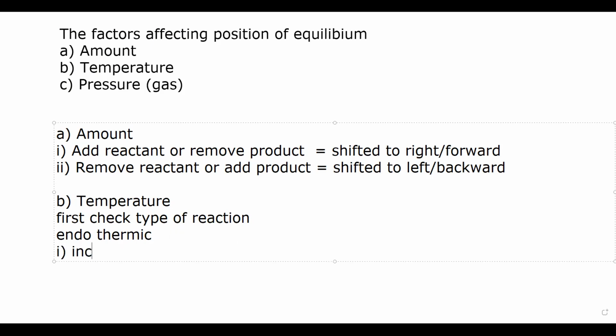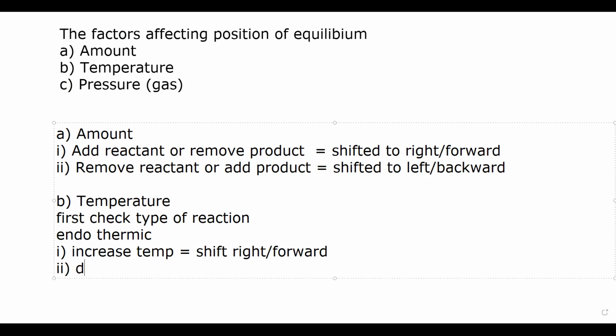If we increase the temperature, the equilibrium will shift towards the right or forward. And if it is an endothermic reaction and we decrease the temperature, we'll observe the equilibrium will shift towards the left hand side, or we can also say backward.